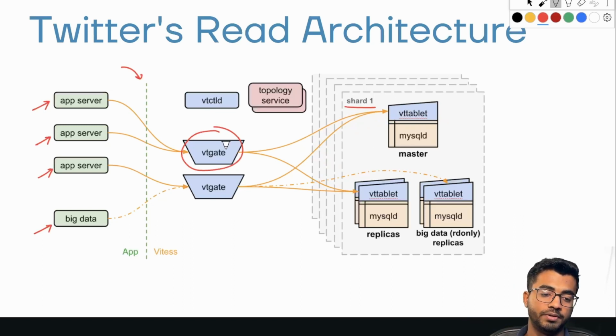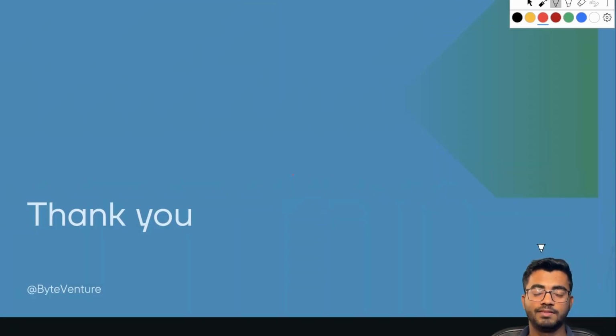While it returns, VT-Gate makes sure to consolidate all of this information and sends it back to the app server that requested. And this is how Twitter is managing hyperscale, or millions of queries per second, on the user's database.